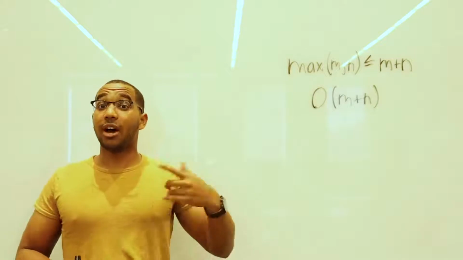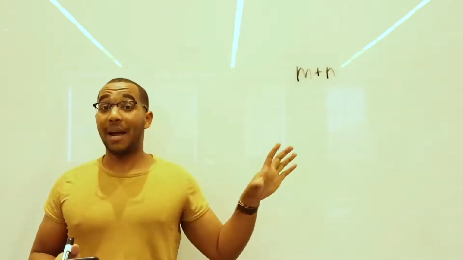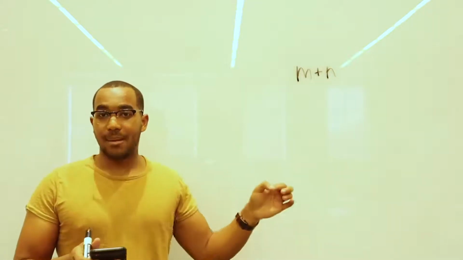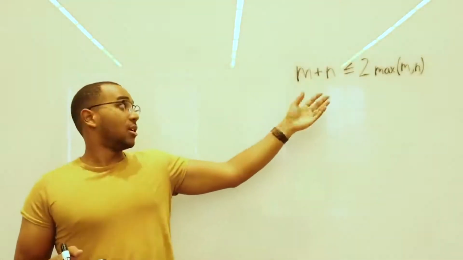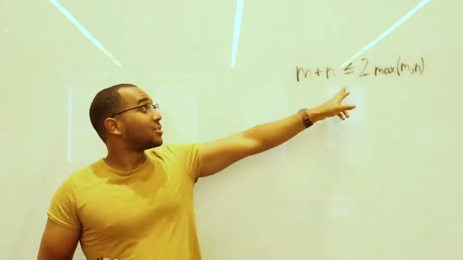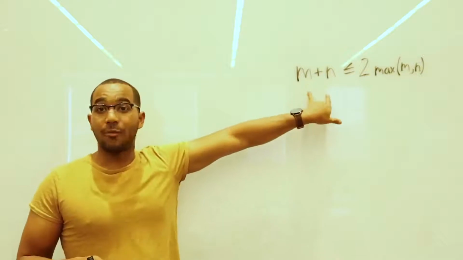But now let's go the other way. If we have m plus n on the left side, this is going to be upper bounded by some arbitrary multiple of max m comma n. Let me show you. If we look at the statement, what it's saying is that the exact function, the m plus n, is bounded by this function, 2 times the winner of both of these guys.